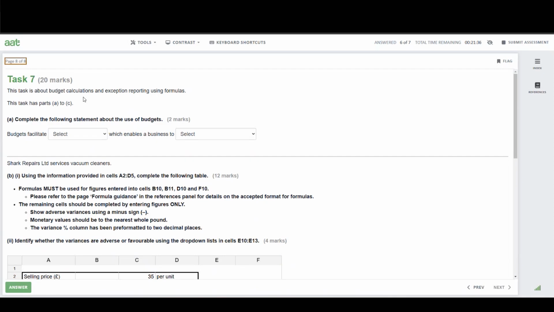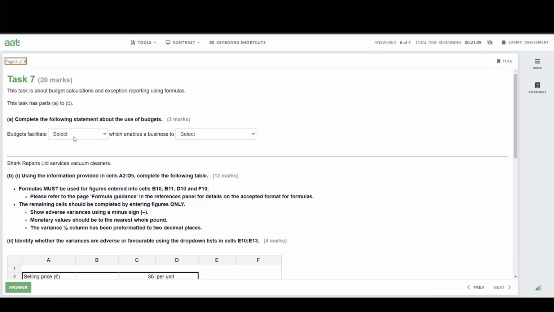Task 7 is about budget calculations and exception reporting using formulas. So it's telling us it's using formulas, so we can expect to have some spreadsheets in Task 7. First of all, though, we've got to do Part A, which has got some drop-down options for us to choose from. So complete the following statement about the use of budgets. So our partial statement is budgets facilitate something which enables a business to something.